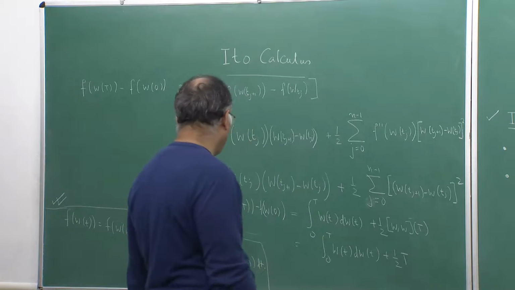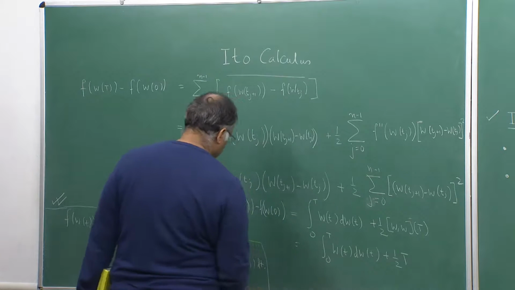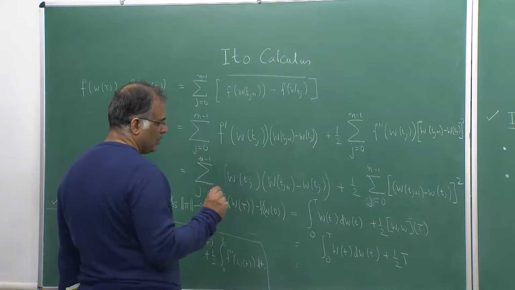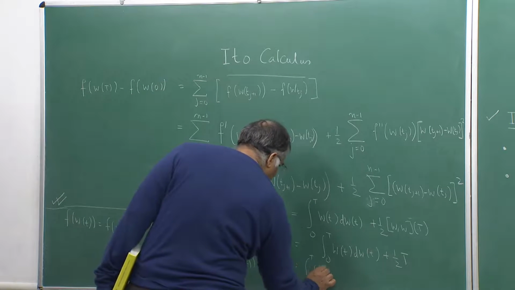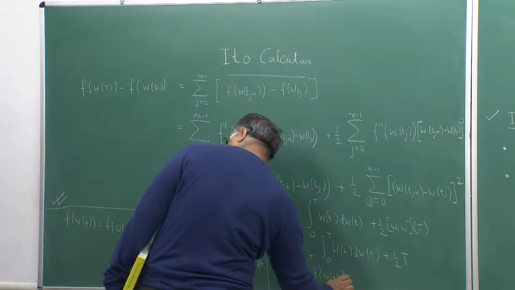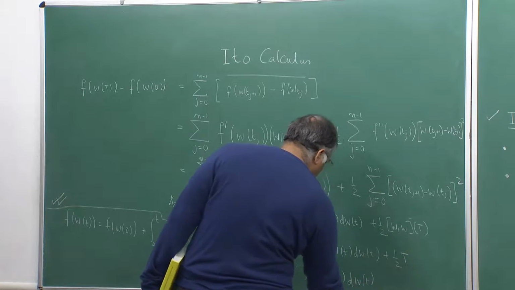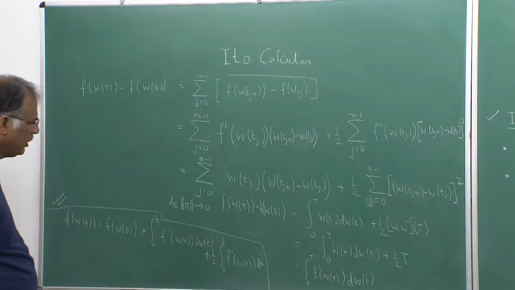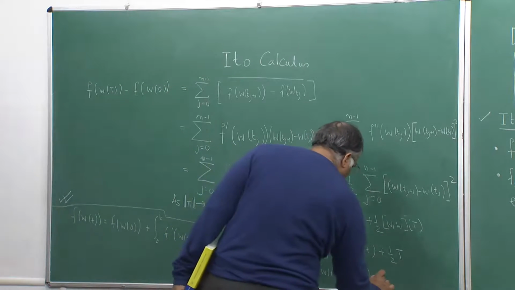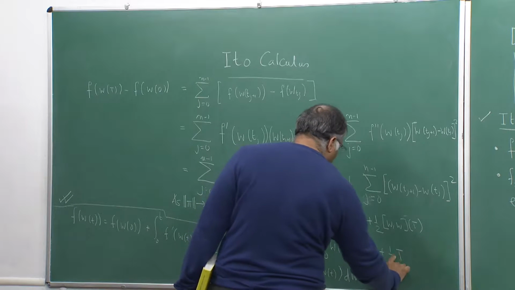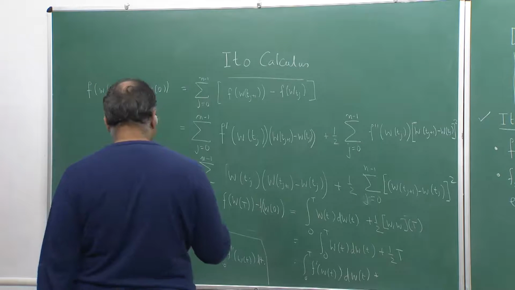Okay. Now, how do I relate this? What is W_t? W_t is nothing but x, which is f'(W_t). So, it is the integral from 0 to t of f'(W_t) dW_t. This is one thing, and then you have to realize that I can write half of 1 into t. What is 1? It is f''(W_t).